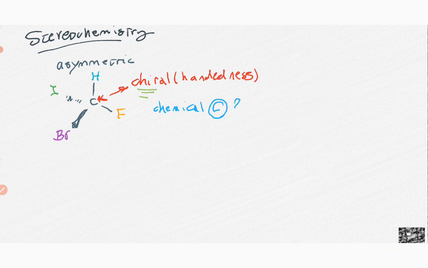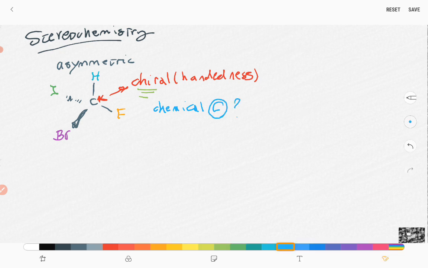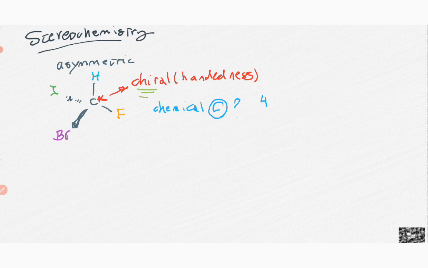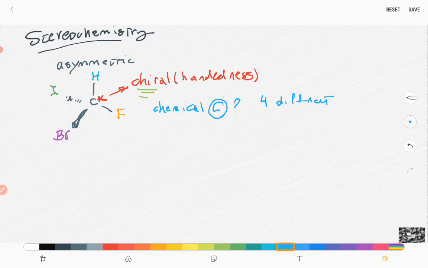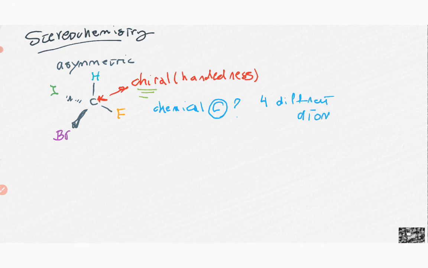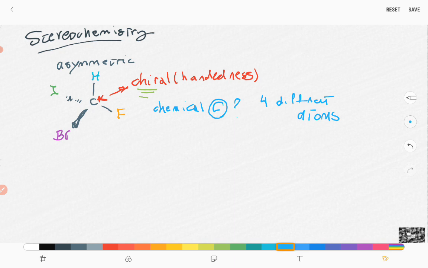Chiral carbon is a carbon that has four different atoms on each side of the carbon, like here in the example we made.